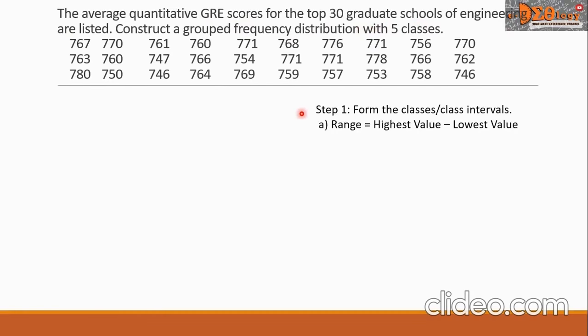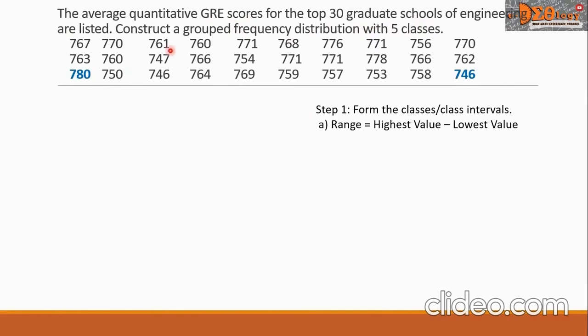The step 1 is to form the classes or the class intervals. Let's start with step 1A, and this is to find the range. First, let us identify the highest value and the lowest value.